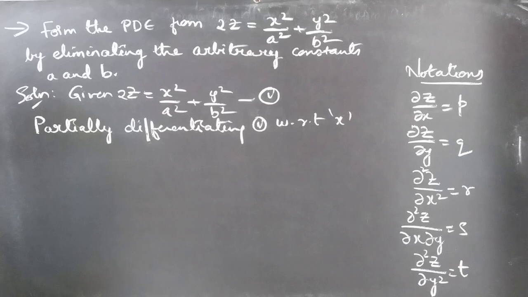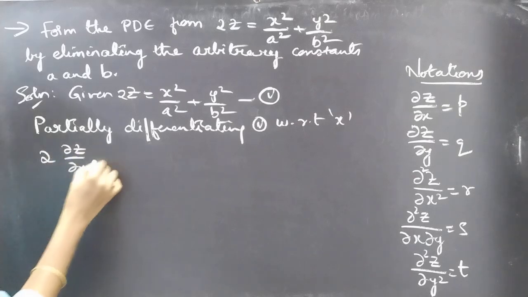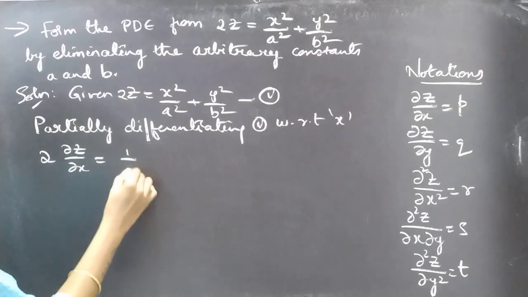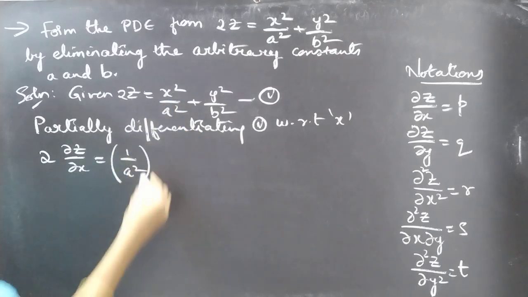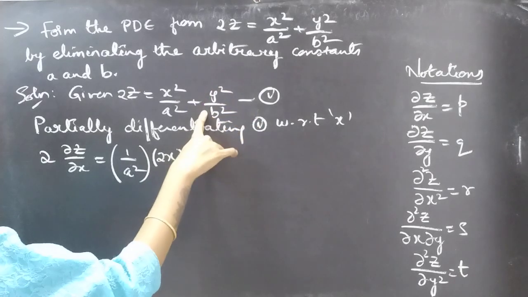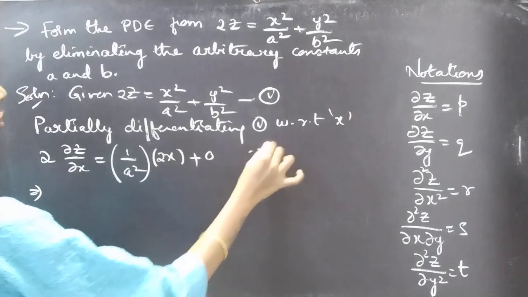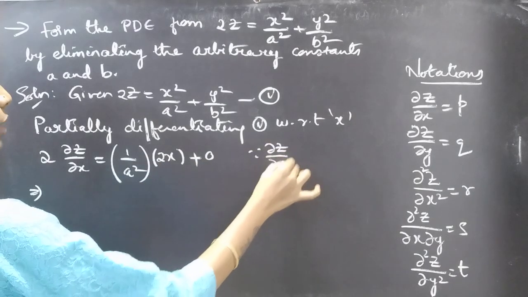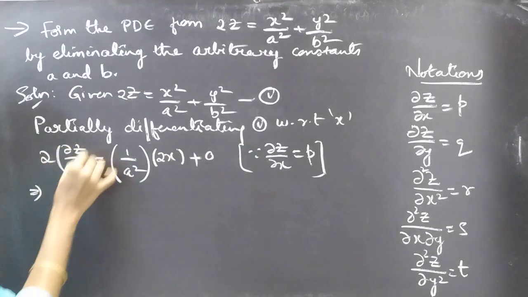So here y will be treated as constant and z is a function of x and y, so we'll get 2 into dou z by dou x equal to constant 1 by a square into the partial derivative of x square with respect to x, which is 2x, plus the partial derivative of a constant with respect to x, which is 0. Since we have a notation dou z by dou x equal to p, let's replace dou z by dou x by p.